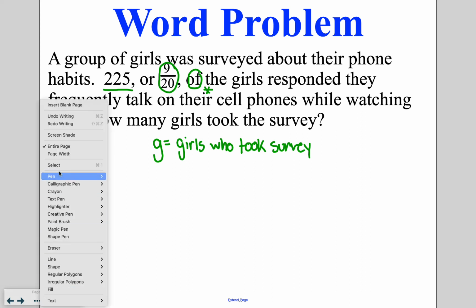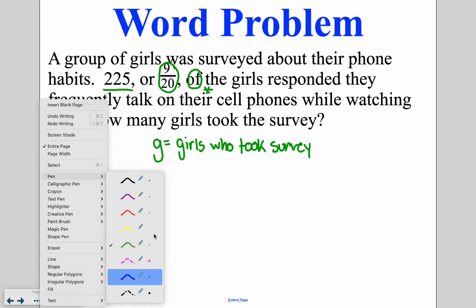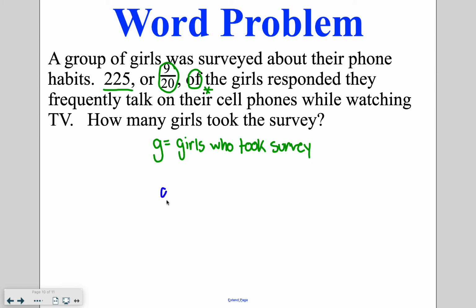So in this case, now we're going to go ahead and start writing our problem. It told us that 9/20ths of, so I need 9/20ths of the girls. The g is the girls in my situation, so 9/20ths of my variable is those 225 people who frequently talk on their phones while watching TV.